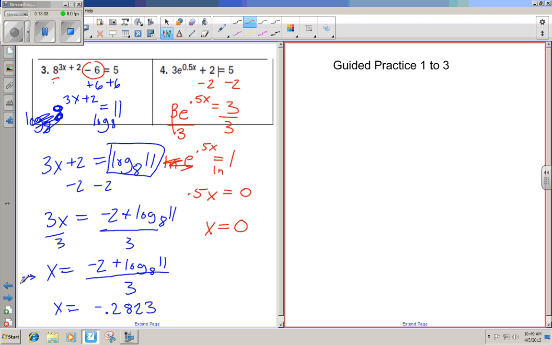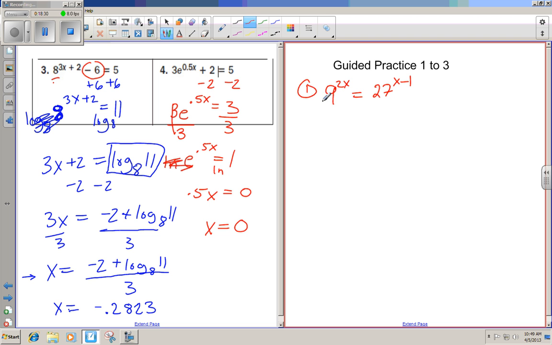All right, guided practice now. Our first guided practice, we're going to do number 1. We've done a lot of examples so far. So 9 to the 2x equals 27 to the x minus 1.